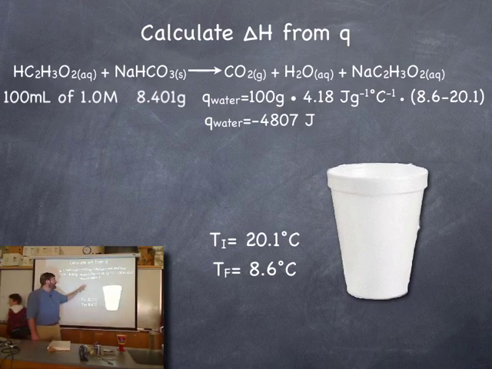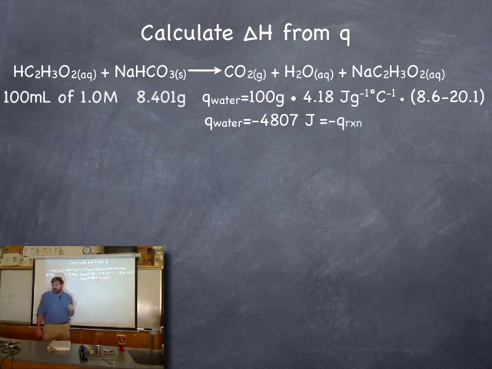So that negative 4,807 is the energy absorbed by the water. Or excuse me, the energy the water lost, because our reaction was endothermic, it absorbed energy. So we know in these types of problems that the energy that the water lost is equal to the energy that the reaction gained.